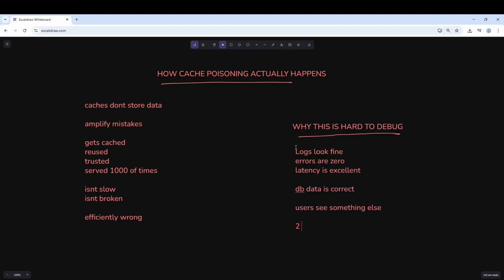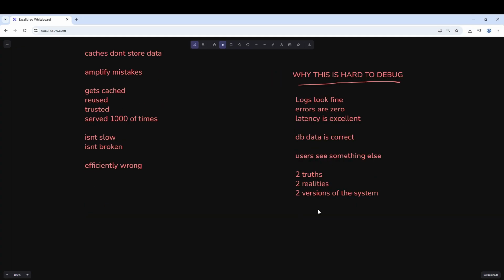You now have two truths, two realities, two versions of the system, and nobody knows which one to trust. This is where teams argue. This is where incidents get political. This is where confidence collapses.